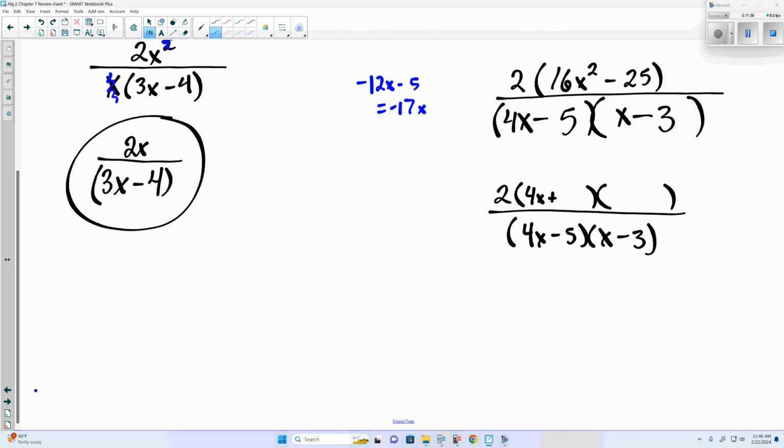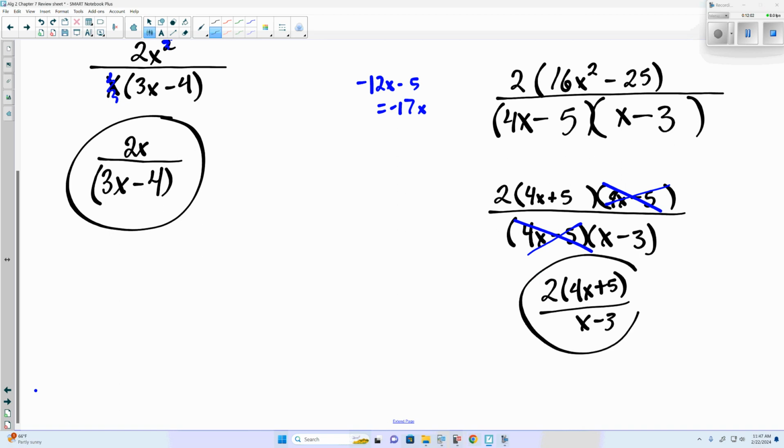So we'd have 4x plus 5 and 4x minus 5, yes? That gives us something in common on top and bottom. 4x minus 5 and 4x minus 5 will cancel, leaving us with 2 times 4x plus 5 on top over x minus 3.